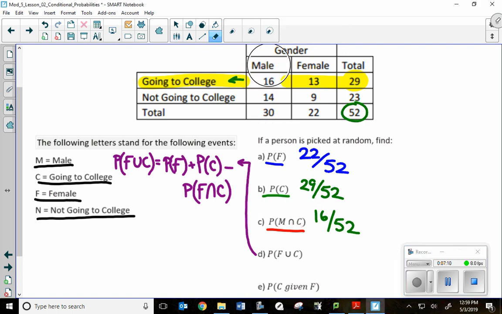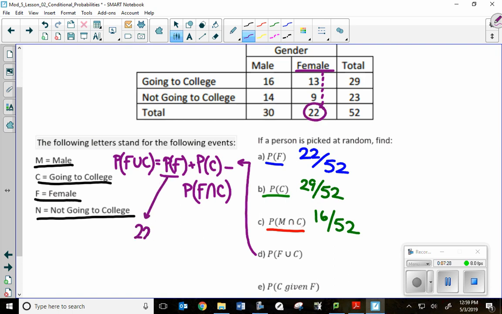So let's clean this up a little bit. Put this back down here. And let's take a look. So the probability that we have a female, these are all my females. There's 22 of them. So right here, 22. Plus, the probability that someone is going to college is right here.